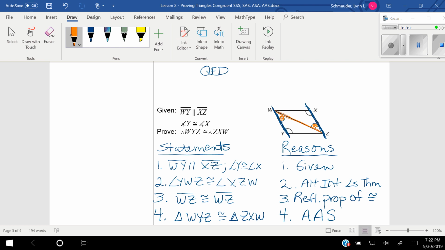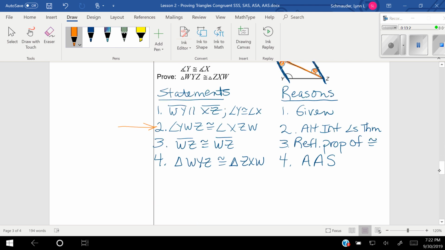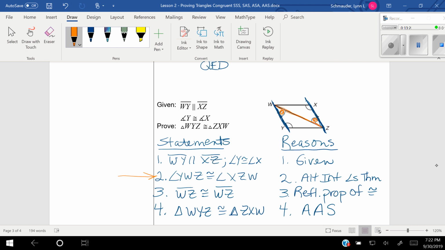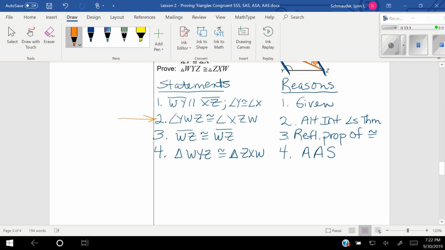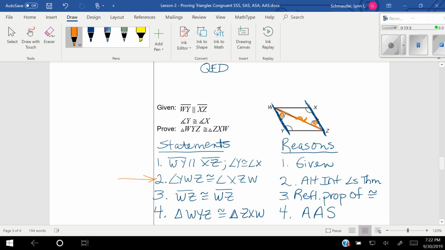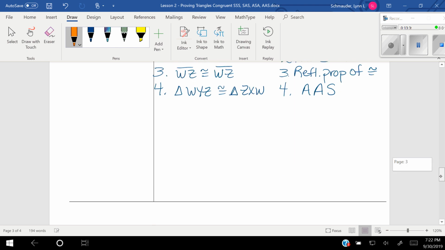So you can see in step 2, I said that those two are congruent by the alternate interior angles theorem. And then once again, these two triangles share this side. So I tend to put a squiggly there when they share a side, and I say it's congruent to itself by the reflexive property of congruence. Therefore, I know those two triangles are congruent to each other by angle, angle, side.